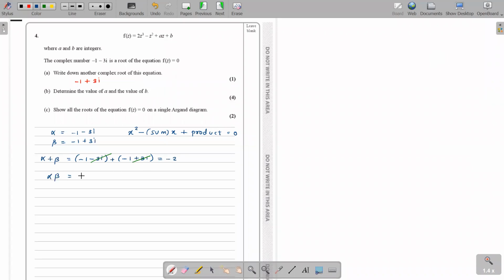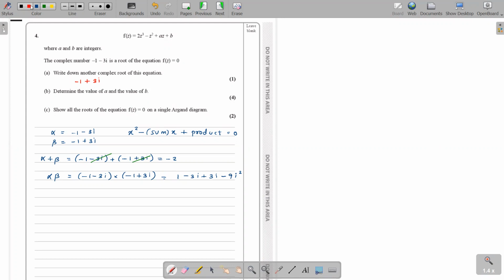Alpha beta is the multiplication. Minus 1 minus 3i multiplied with minus 1 plus 3i. What do you get? Minus 1 into minus 1 is plus 1. Minus 1 into 3i is minus 3i. Minus 3i into minus 1 is plus 3i. Minus 3i into plus 3i is minus 9, i into i is i square.